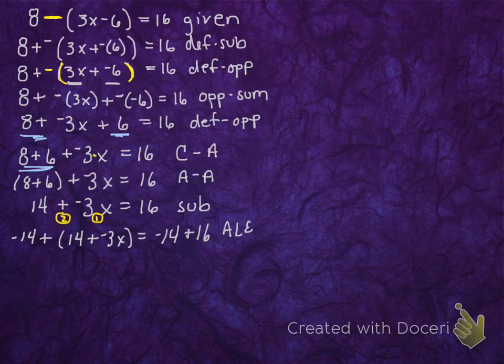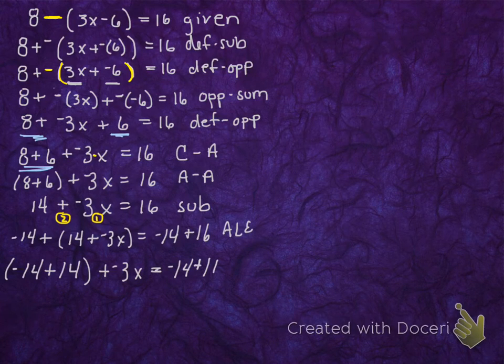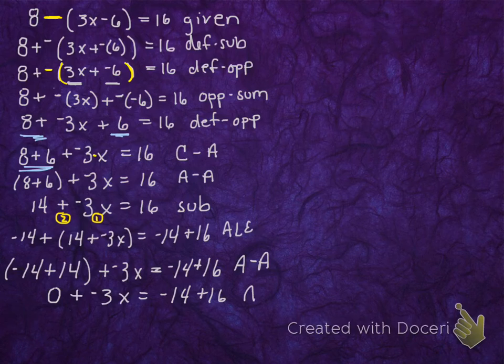Now I'm going to regroup, again, just to make adding those opposites first in order of operations. And that's associative of addition. Adding those two terms gives me 0. And that would be additive inverse.